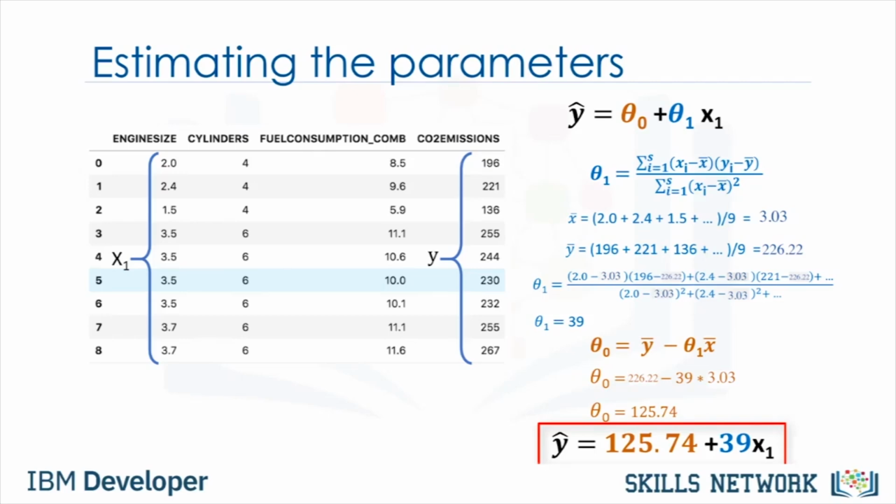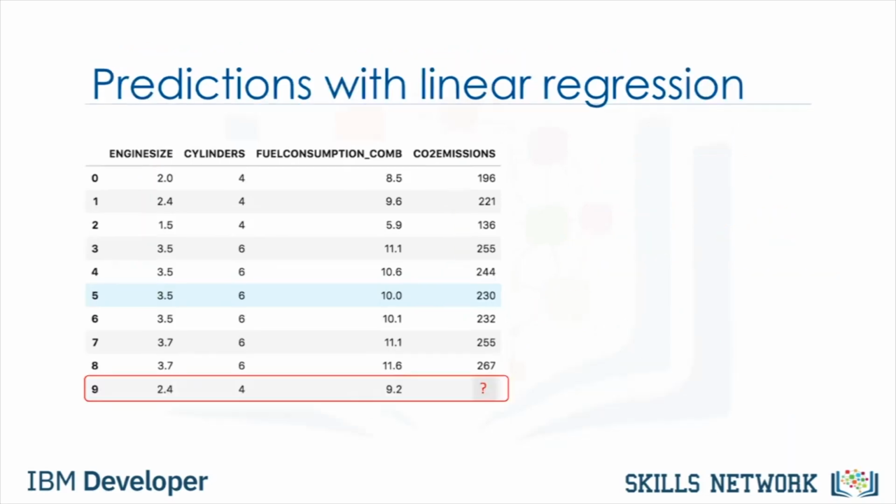So, we know how to find the best fit for our data and its equation. Now the question is, how can we use it to predict the emission of a new car based on its engine size? After we found the parameters of the linear equation, making predictions is as simple as solving the equation for a specific set of inputs. Imagine we are predicting CO2 emission, or Y, from engine size, or X, for the automobile in record number 9.